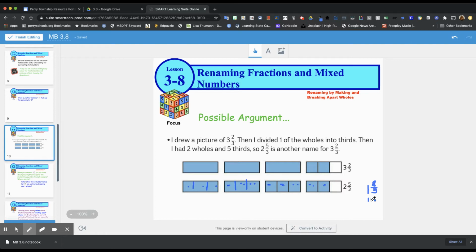And then we'd have our 11 thirds. So for this one, we have 3 and 2/3, 2 and 5/3, 1 and 8/3, and 11 thirds. We have 4 different names for that without changing the denominator.